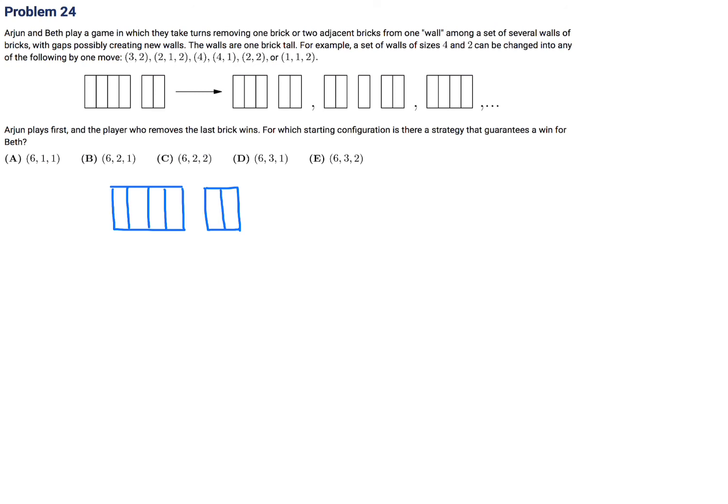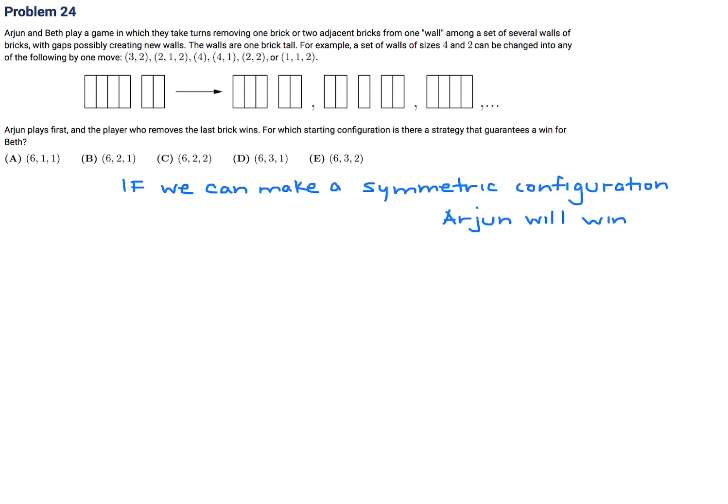Okay, so what's our strategy in this question? The strategy is as follows. If we can make a symmetric configuration, then Arjun will win. So let me explain what I mean by that. So let's say we start off with just the answer choices. Why not, right? So I've got a block of 6. It's a 6, 1, 1. So I've got 6, and then I have 1, and then I have 1.